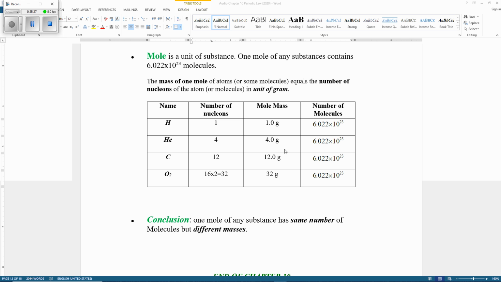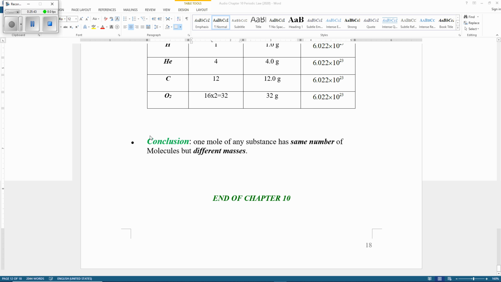The weight is different, the number is the same. See? Same number. So 1 mole of any substance contains the same number of molecules. This conclusion we should remember.